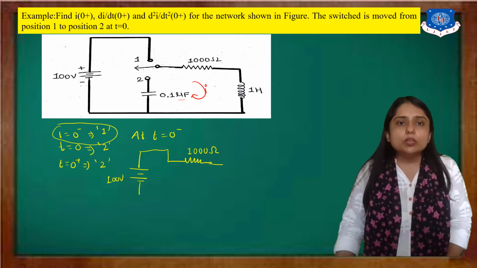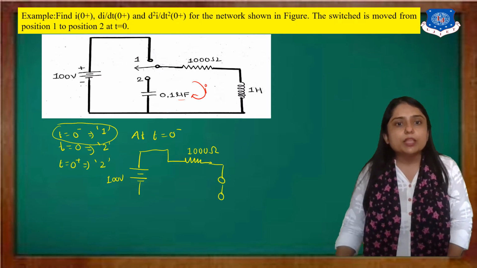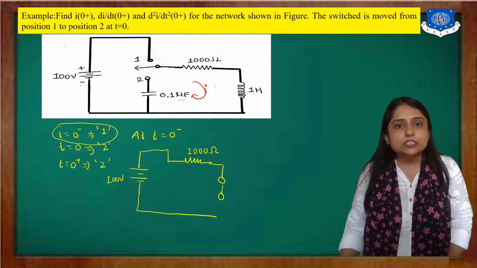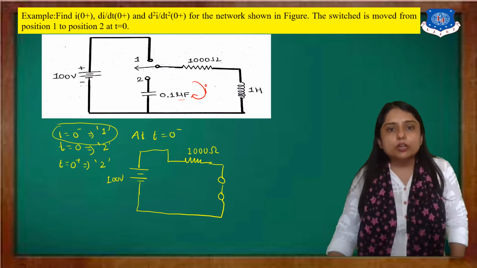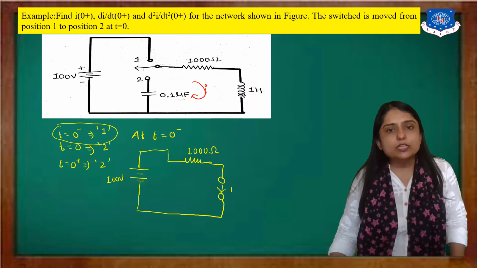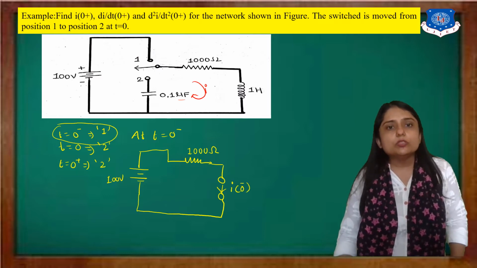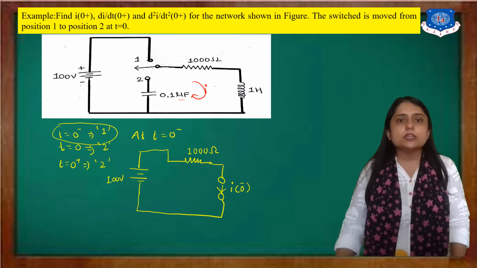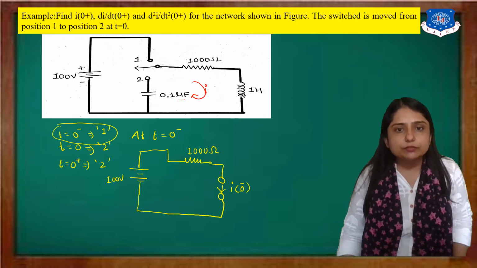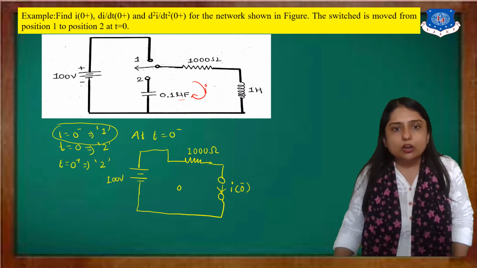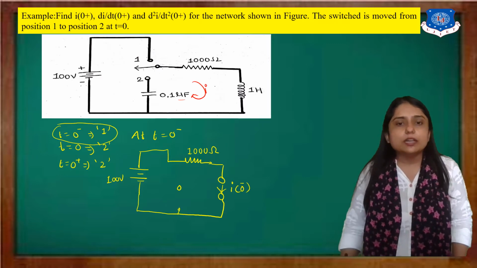So in that kind of example, you have to consider the steady state condition, and we know that in steady state condition the inductor will act as a short circuit, and whatever the current is, that is known as I(0-). The capacitor will act as an open circuit, but as such the capacitor is not in the diagram when I consider the switch at position number 1.